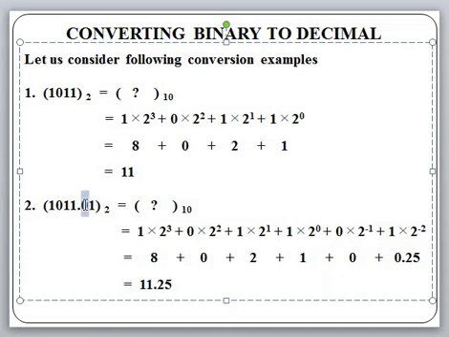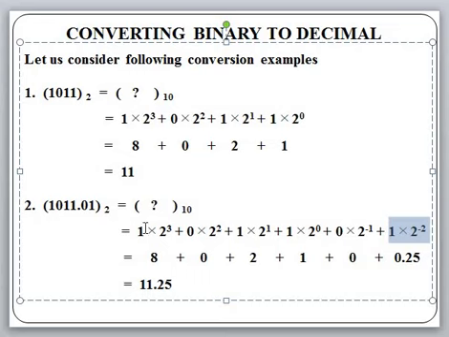Then the very next digit is 0, and now we are talking about values multiplied by 2 to the power minus 1. So it is 0 into 2 to the power minus 1, for the first digit after the decimal point. For the next digit after the decimal point, 1 is multiplied by 2 to the power minus 2.